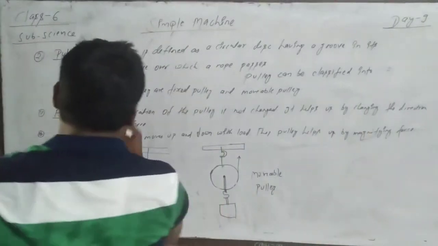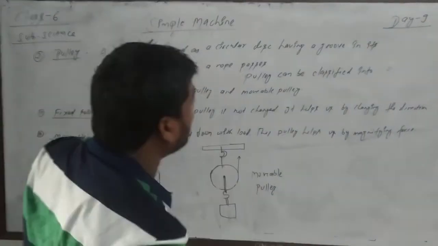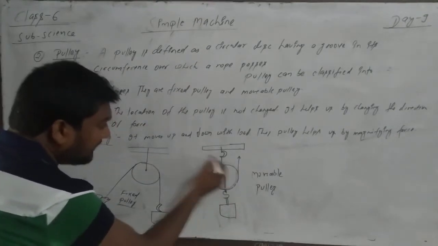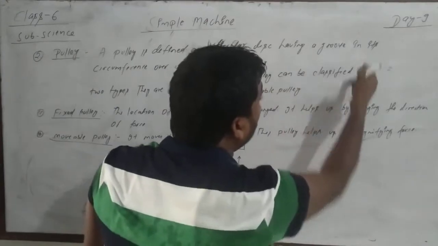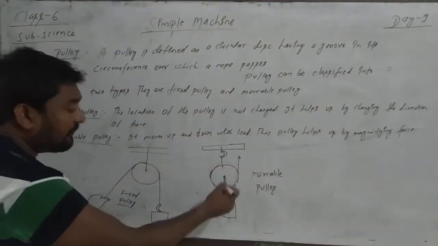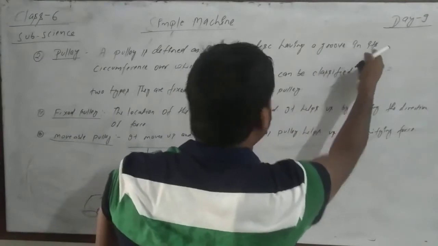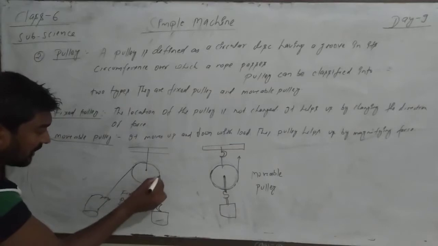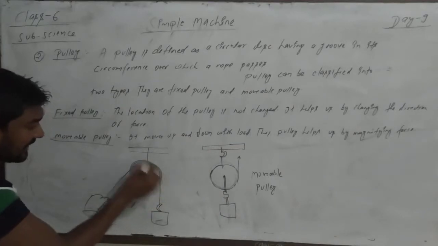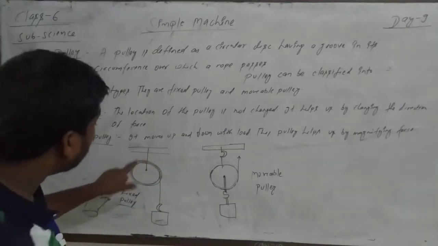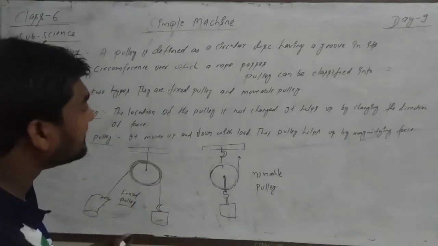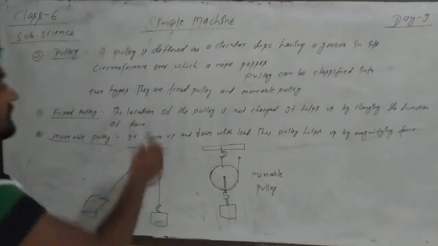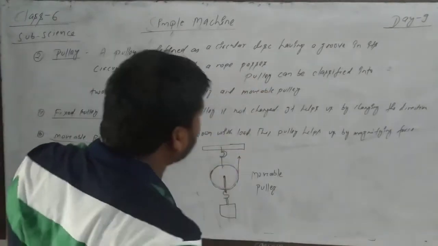So pulley is defined as a circular disc having a groove in its circumference. Circumference means this is a circular disc, and the outer part of this circular disc is the circumference, and it consists of a groove over which a rope passes.